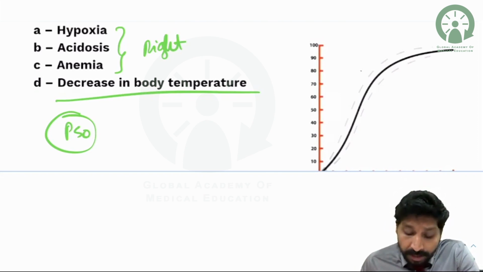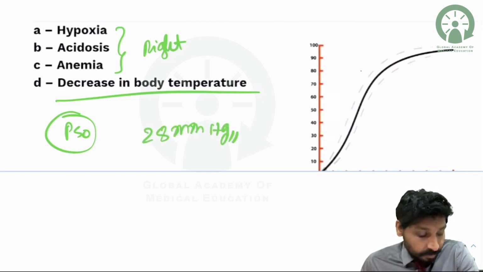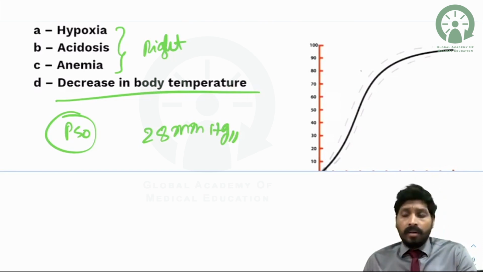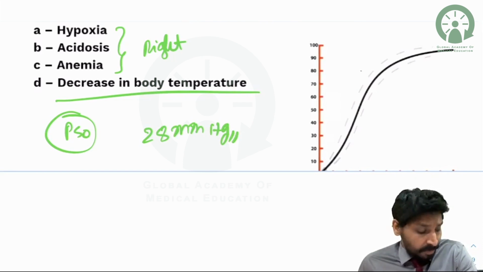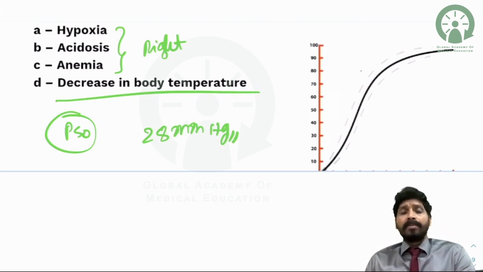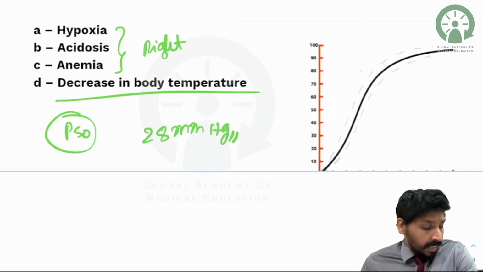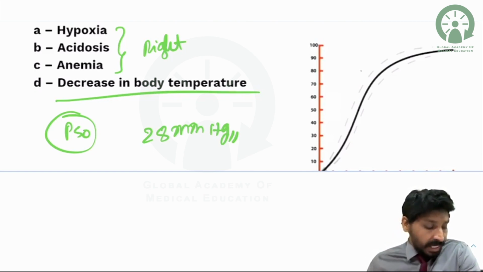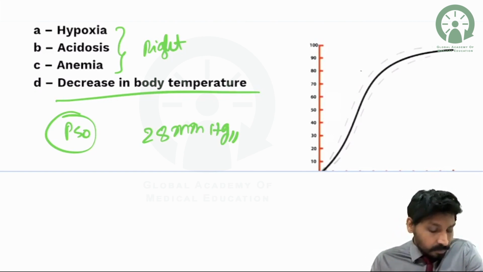So the P50 for hemoglobin is 28 mmHg. So it is like a reciprocal, you can make out. When P50 is increased, the saturation will be decreased. When saturation is high, P50 will be decreased. So P50 and affinity are inversely proportional.